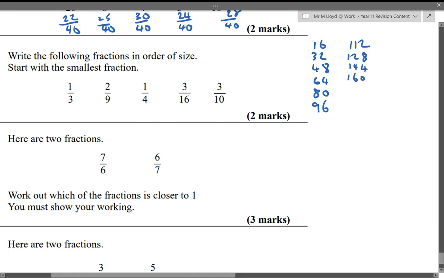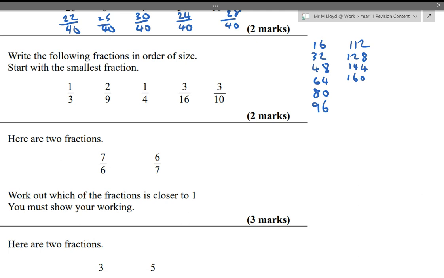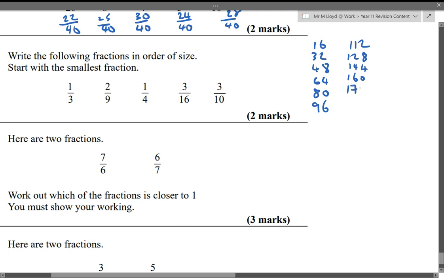Oh, this is a struggle. Live on camera. 176. Outrageous. Okay, well, 144 we'll have to do. That is what 9 times 16 is. So that is literally the only way I can do this one.